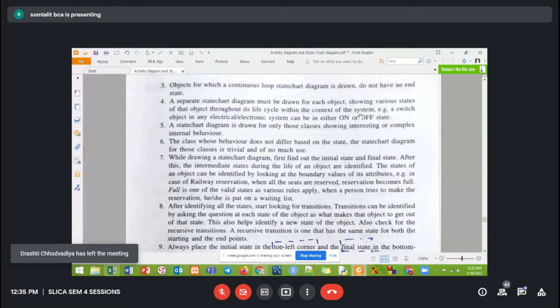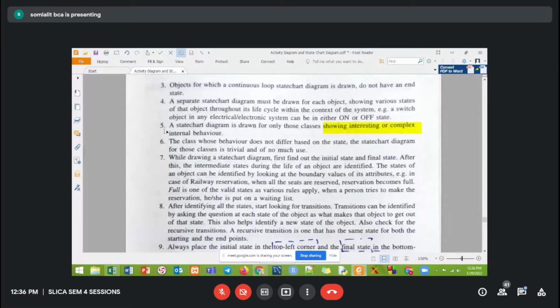Okay, for every object you can prepare a state chart diagram, but try to understand it should be for the higher level business objects. Only that is to be made. Okay, now a state chart diagram is drawn only for those classes having interesting or complex internal behavior. Just now I said higher level. So the state chart is to be made only for those having interesting or complex behavior.